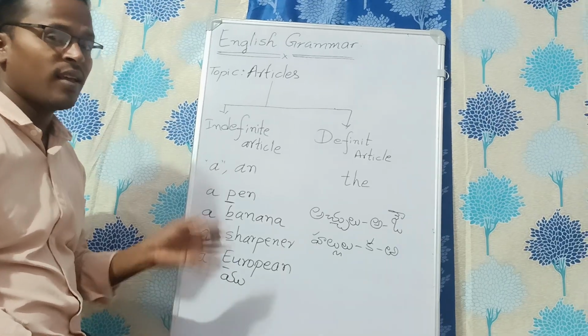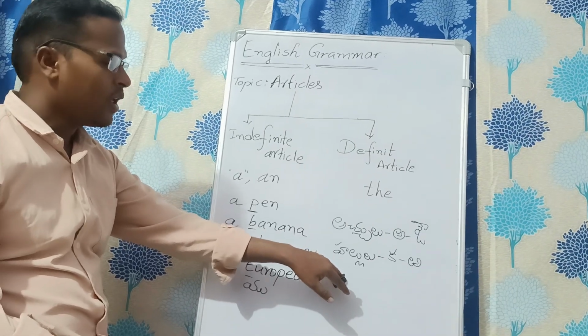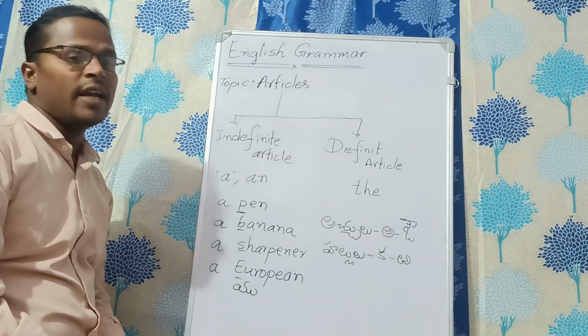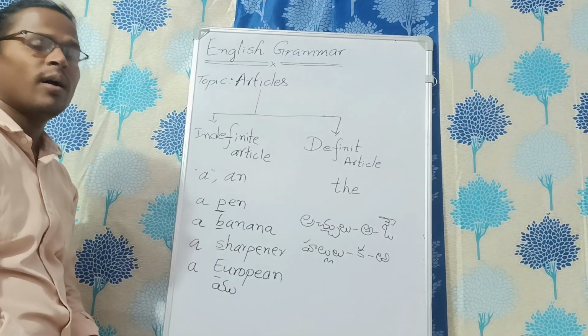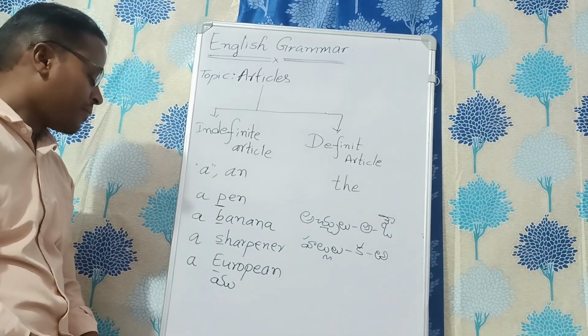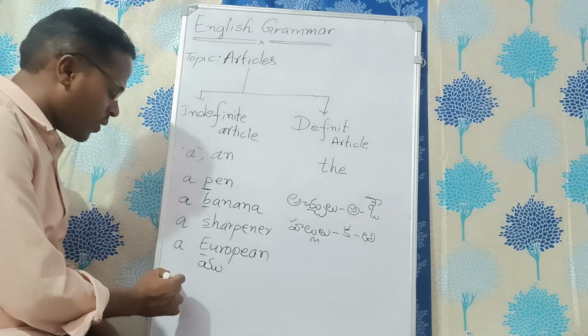As I said, the trick: Hallulu, Katu, Rauti come under consonant sounds, and Achulu come under vowel sounds.